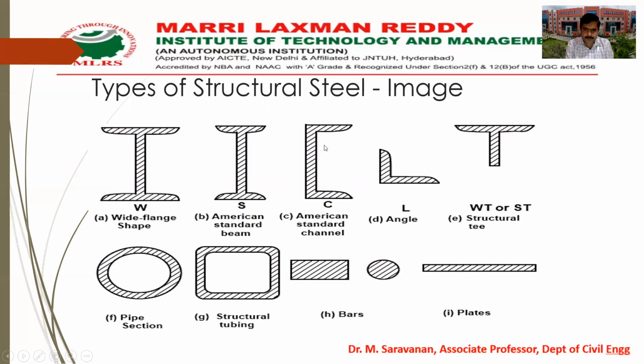And the I section or beam, rolled steel, channel section, angle section, T section, circular section, hollow circular section, hollow square section. This is bar: rectangular bar, circular bar, and plates.